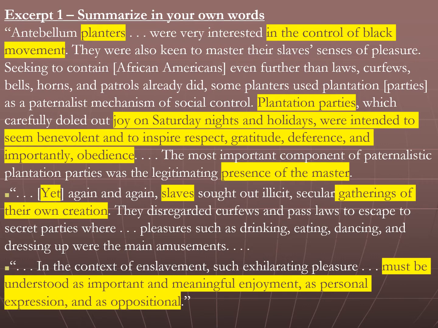Because of this, they host something called plantation parties, which are parties that are designed on Saturday nights or holidays to be seen as kind for Black people and hopefully to gain their respect. However, the entire time that this is going on, the person who owns them, the master, is there. Now, even though these parties are being hosted for people in slavery, people that were in slavery are going to want to go to things of their own creation, their own parties.